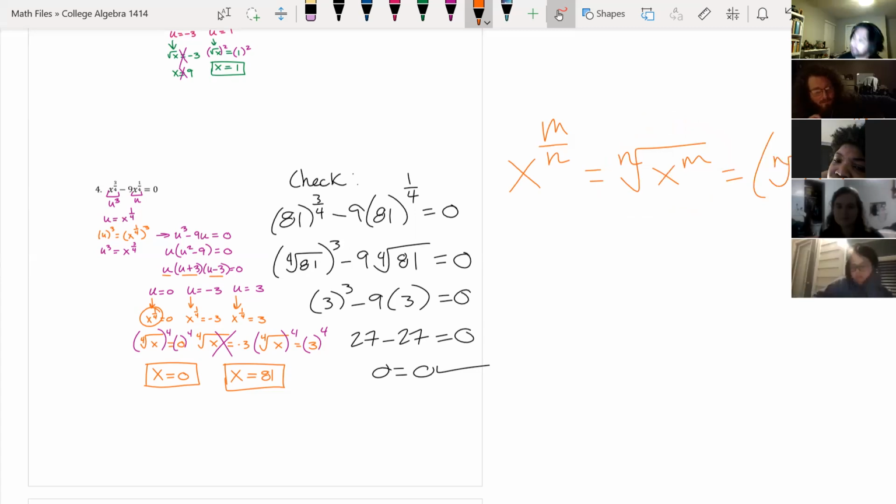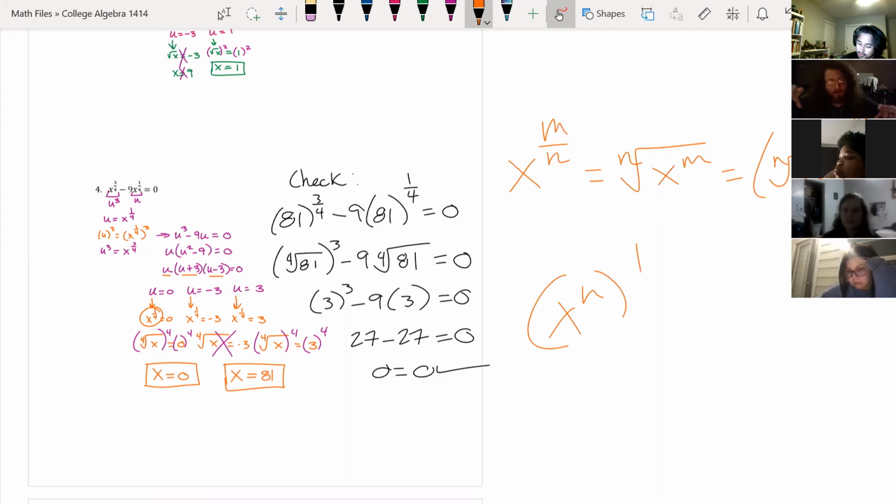There you go. Remember your radical properties, guys. You could also write it as x raised to the m, and then that whole thing raised to the 1 over n. Oh, yeah, the other way, x to the 1 over n, then raised to the m. There you go. So many possibilities.